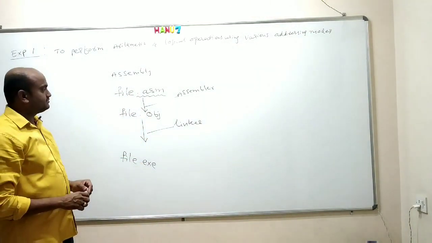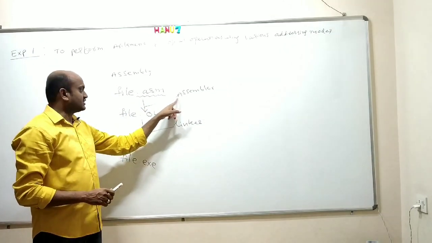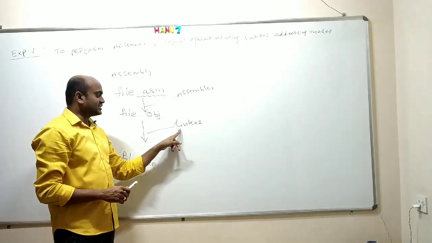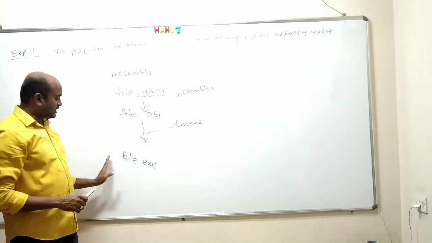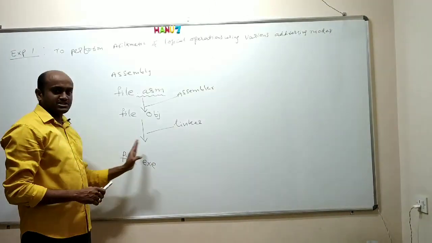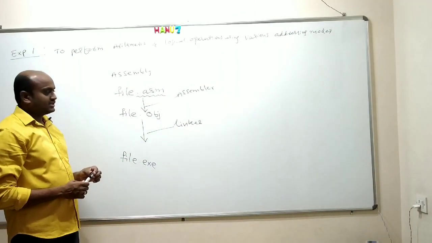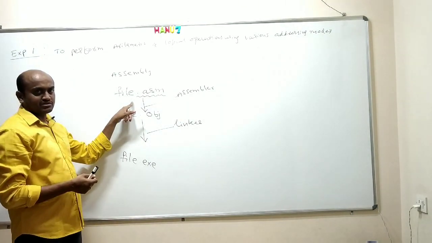So just remember that I need two softwares. One software is the assembler, which can convert an assembly language file to an object file. Another software is the linker, that can convert object files to an exe file. Now this exe file is machine understandable. In order to debug this exe file, I will find out whether there are any errors in the program or not.